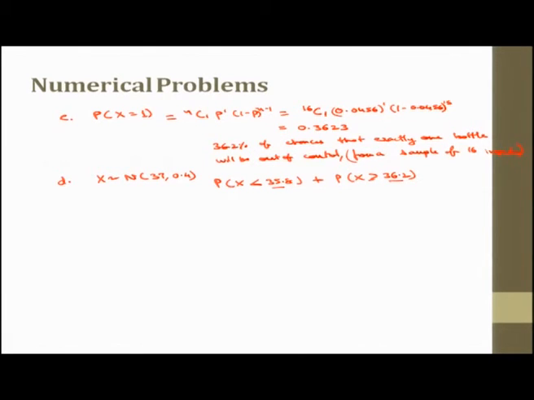So we will be lying somewhere here in the new probability distribution. This is 37, so it is 35 and 36, 35.8 and 36.2.